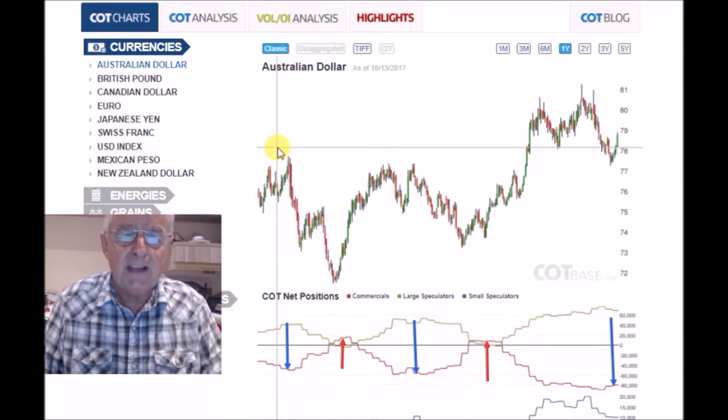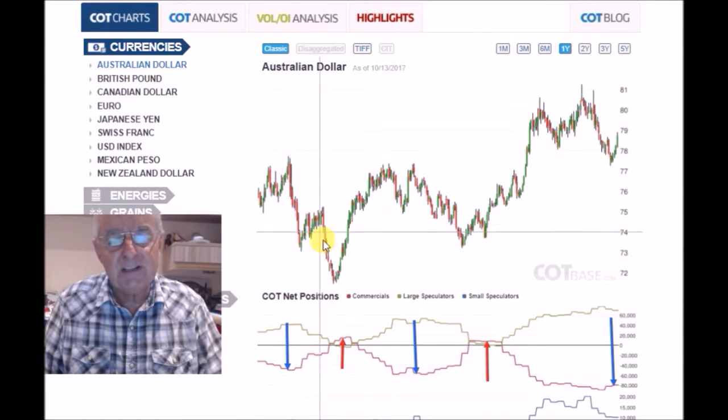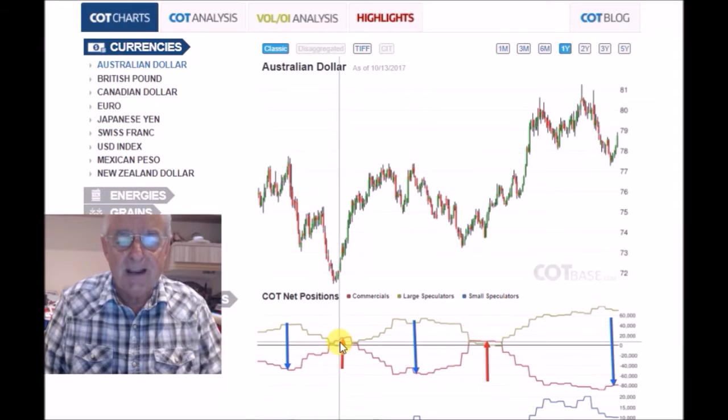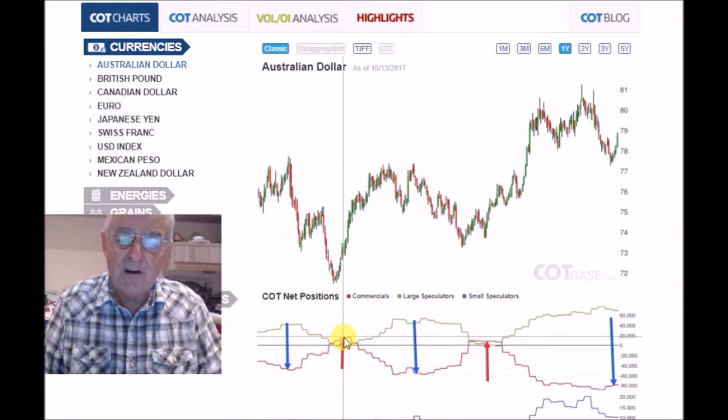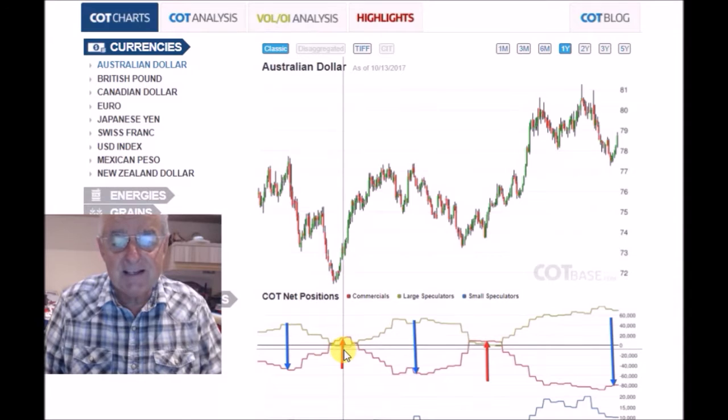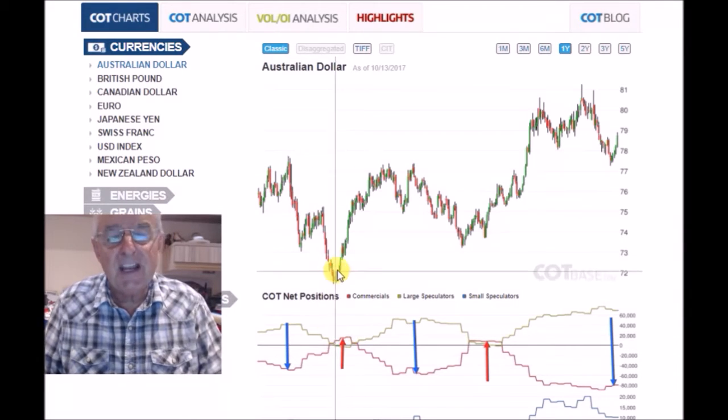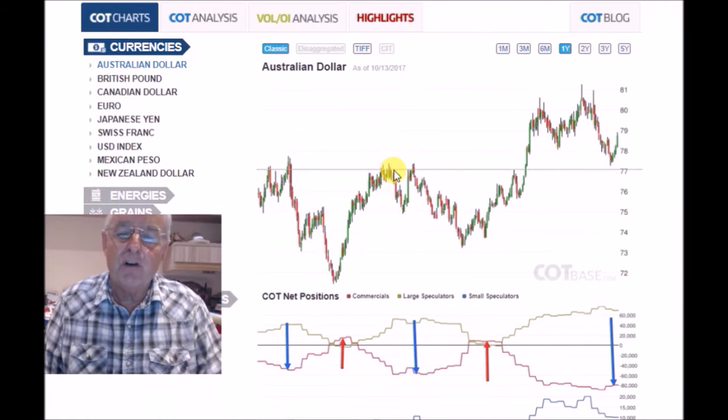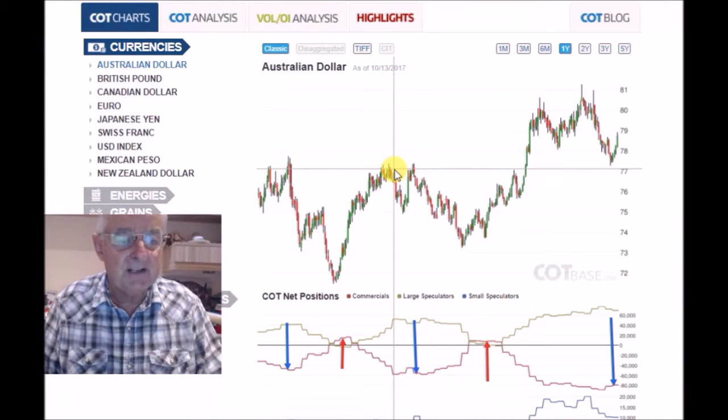You can see we had a big drop off in the price of the Australian dollar. Conversely, when we were at a high and very bullish for the commercials, and fairly bearish for the non-commercials, we actually had a hike in the rise of the price of the Australian dollar.